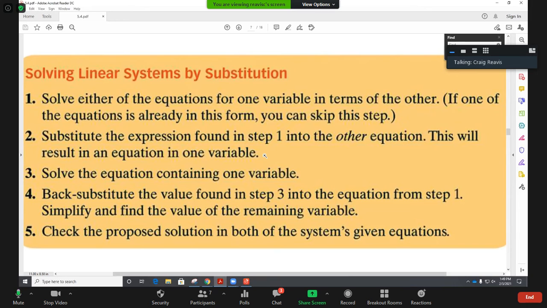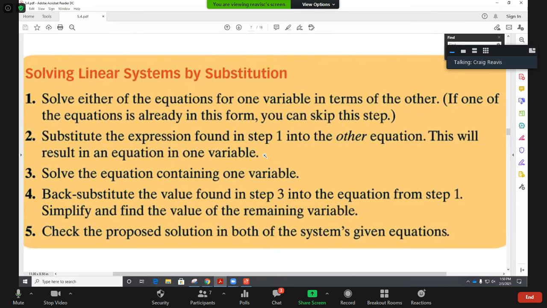Step 2 is you substitute that into the other equation. And I forgot to add and solve. You substitute into the other equation and then you solve it.